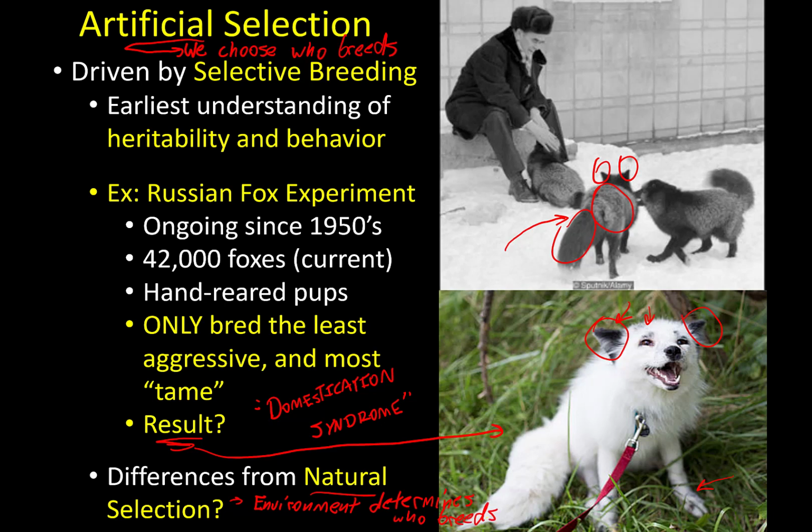So artificial selection is an unnatural process, but it is still evolution. You're still seeing changes in gene frequency over time. That counts. That counts as evolutionary change.